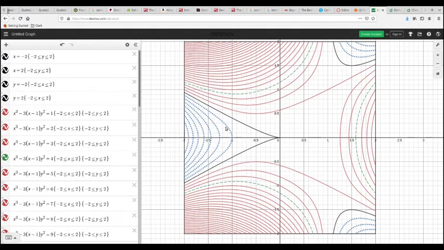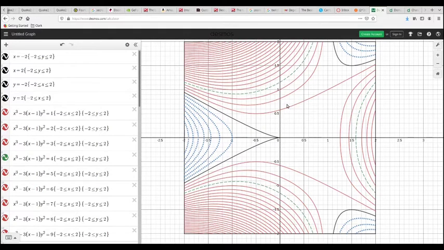The dotted curves correspond to negative values of the function. This is -1, -2, -3, and so on and so forth. Same thing right here and right here for these dotted lines. So those correspond to negative values of the function.